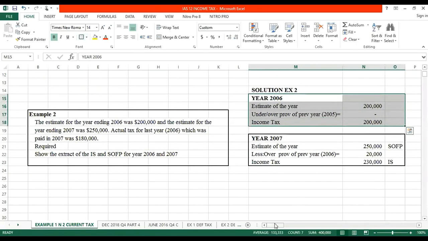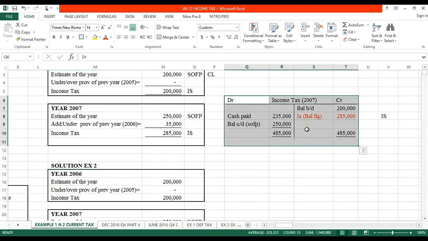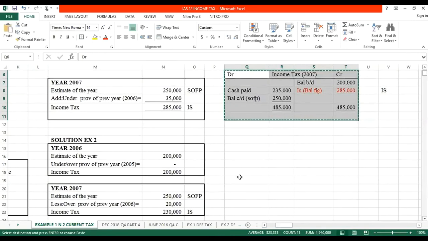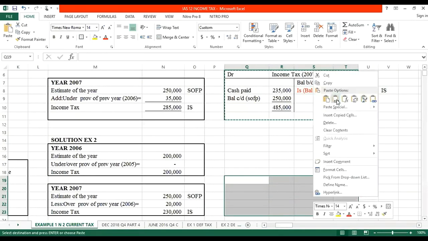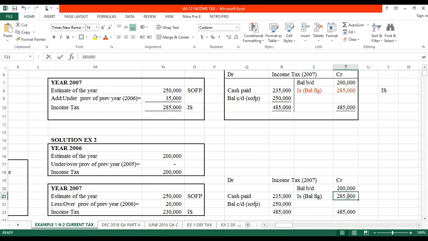Okay. Now, you are the ones who told me that the T account is easier. So let's post the T account. We see if we get the same answer.